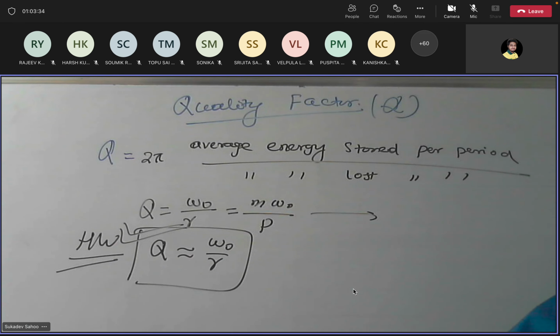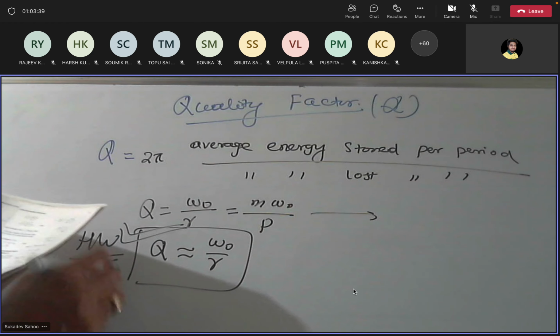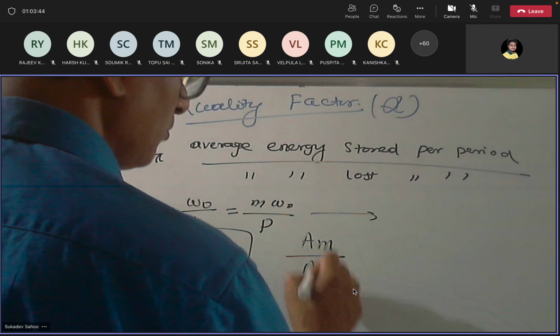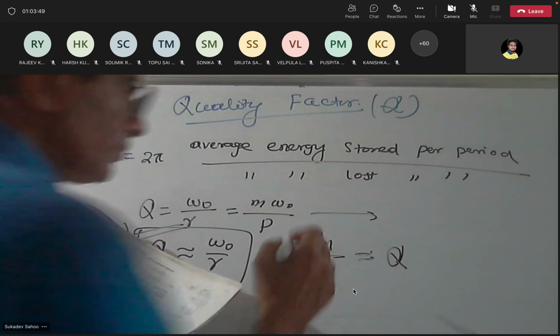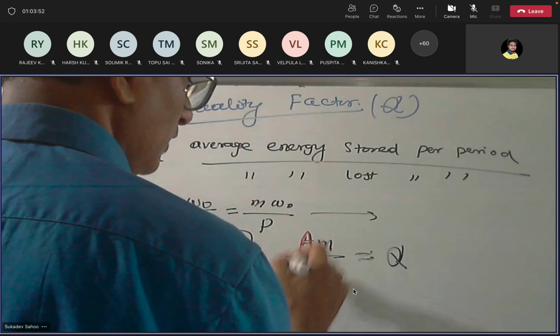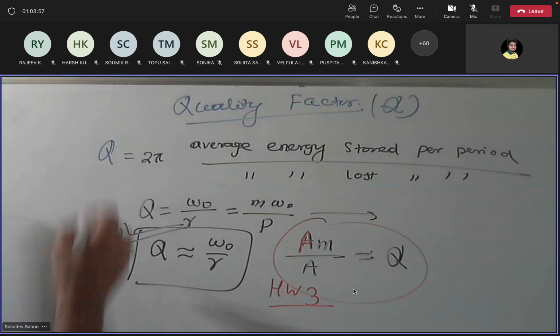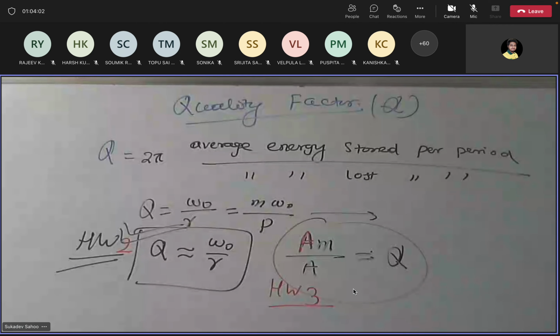At low driving frequency, you have to show that Am by A equal to Q, nearly equal to Q. So this is the third HW. Since tomorrow and the day after tomorrow, Saturday, Sunday, are holidays, all of you will try to complete these HWs. Then application of resonance.